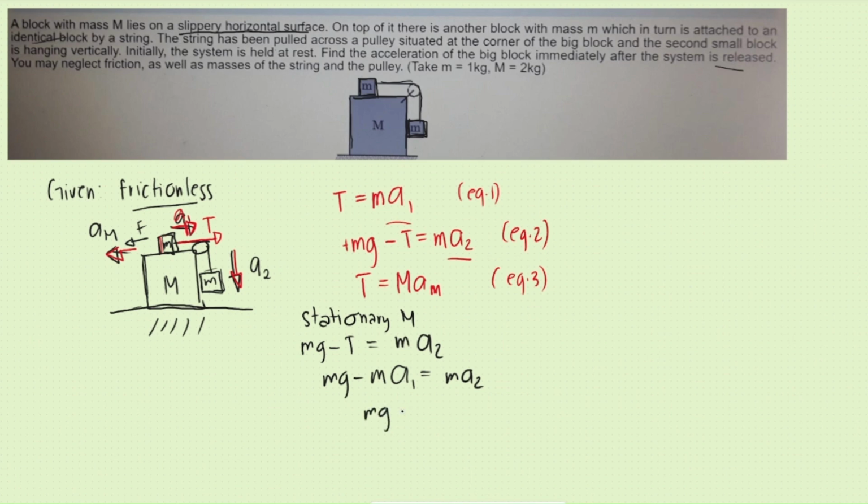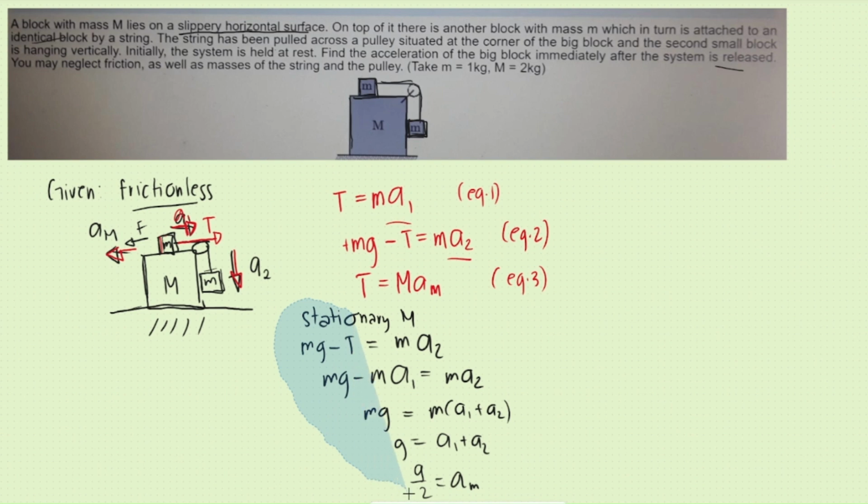And we can just make this m(a1 + a2), g is equal to a1 plus a2, or g over 2, its acceleration. The acceleration of these two small objects is g over 2, but this is not the case because our M is not stationary, so we would not do this.